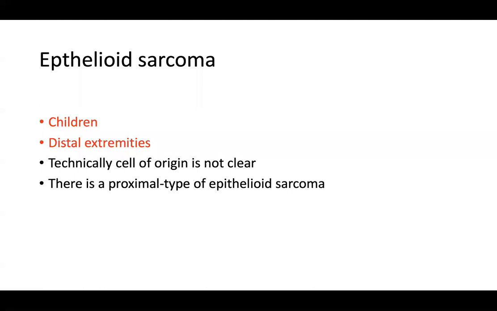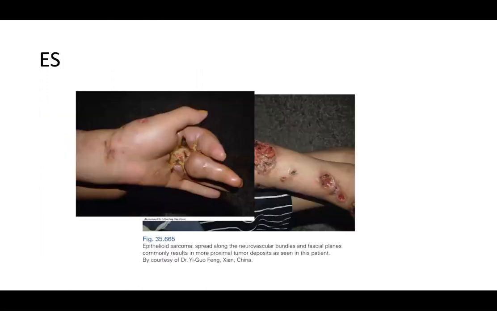Epithelioid sarcomas develop often on the distal extremities. They can be seen in children, unfortunately. Technically, the cell of origin is not clear. However, you can see on histology that you're dealing mostly with an epithelioid neoplasm. There is a proximal type of epithelioid sarcoma as well as a distal type.